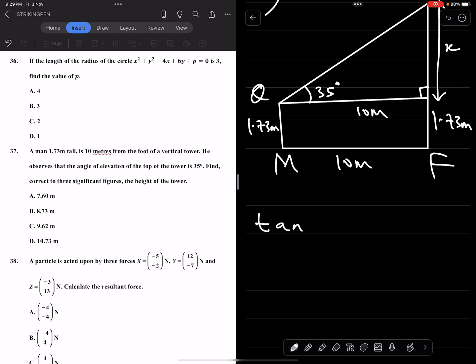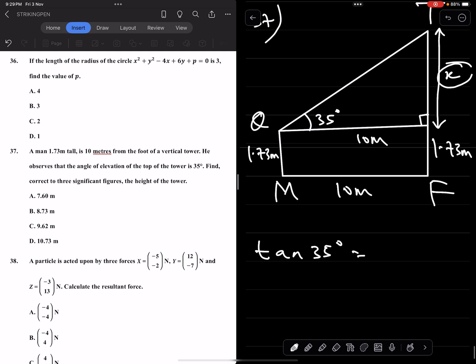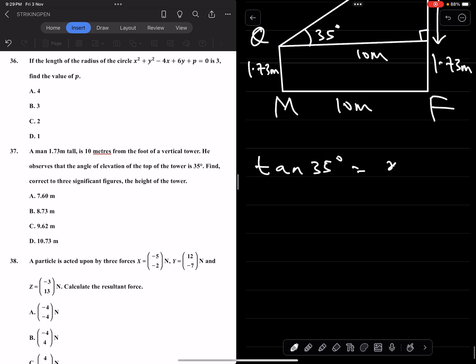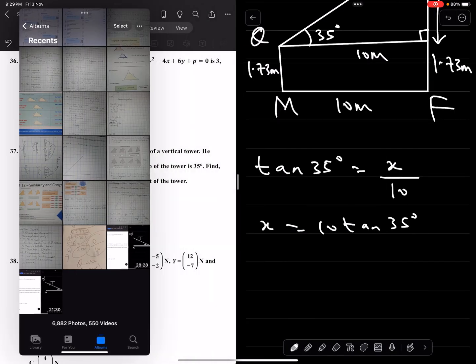Tan 35 degrees will be equal to opposite over adjacent, which is x over 10, from this right angled triangle. So when you cross multiply, x will be 10 tan 35 degrees. That's actually a piece of cake. Now let's check that.